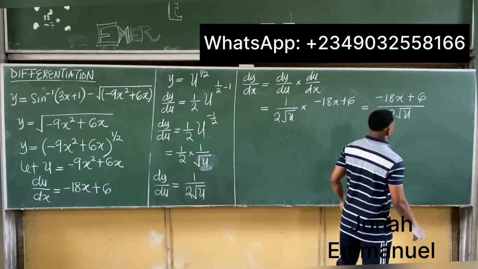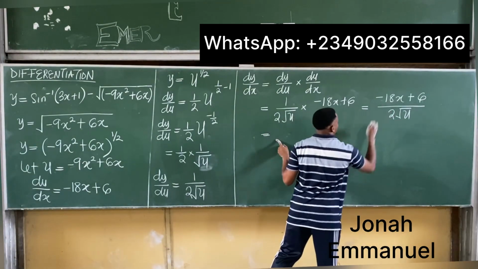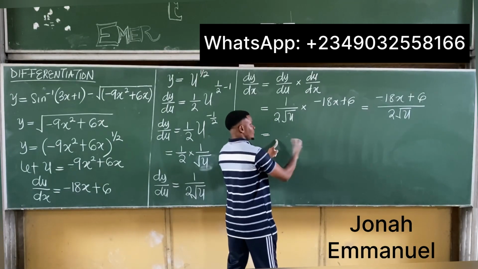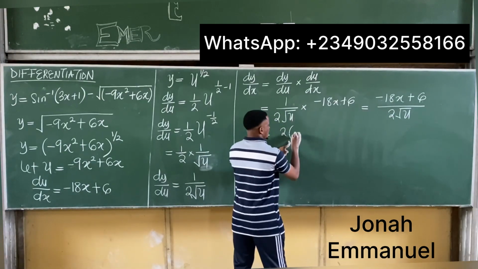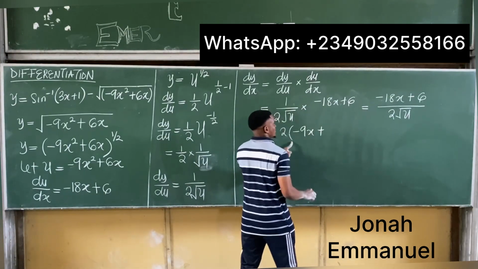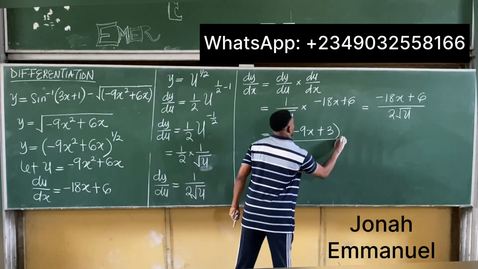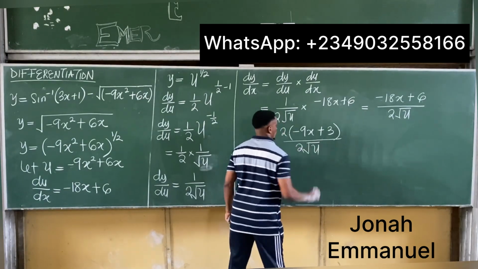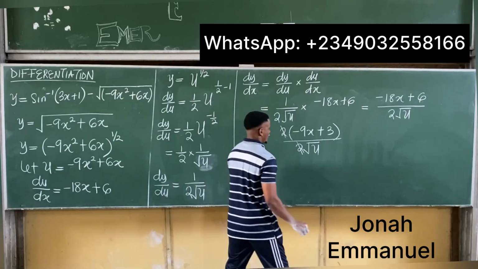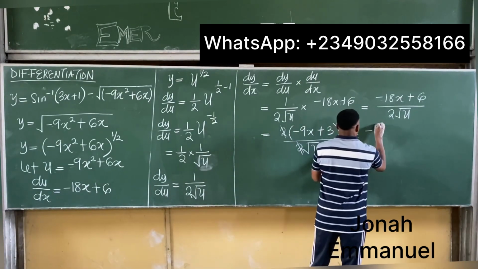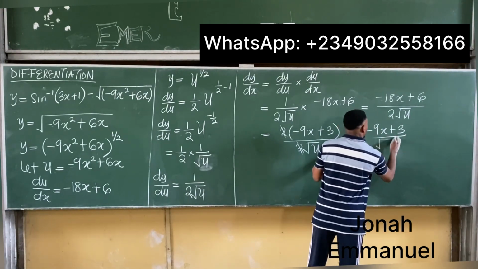If I factorize by 2, minus 18 divided by 2 gives you minus 9x, plus 6 divided by 2 gives you 3, all over 2 root u. From here, this cancels this. So I'll have that dy over dx is equal to minus 9x plus 3 all over root u.